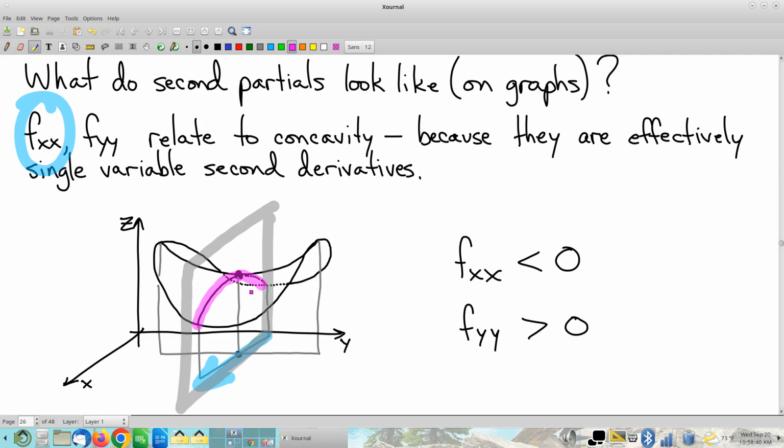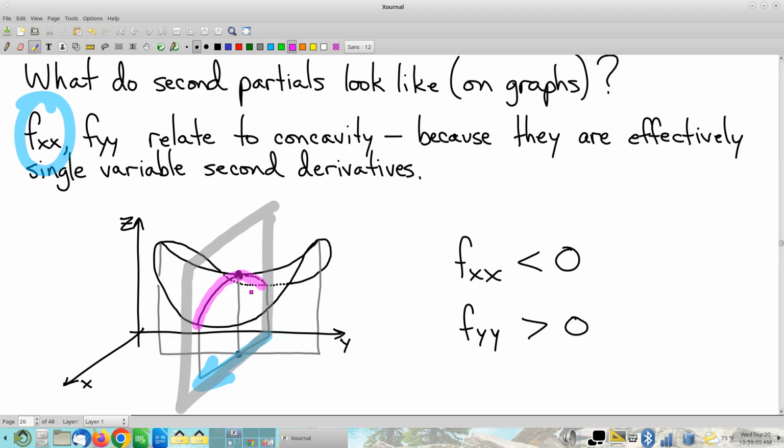If you think about it, the first x partial that we take is going to give us the slope of the tangent line to this purple curve. And then the second x partial, again, we're going to treat y as a constant. We're going to be looking at the exact same curve.